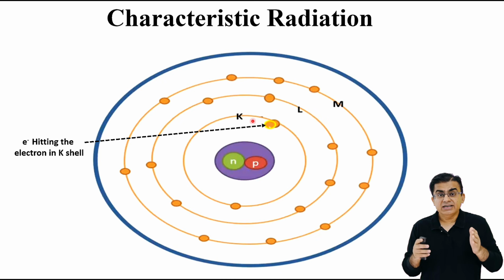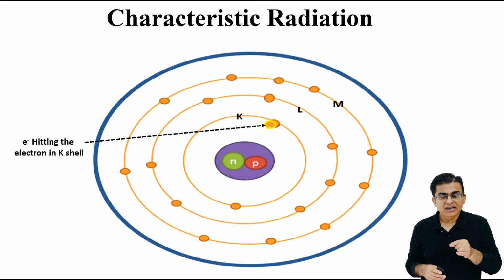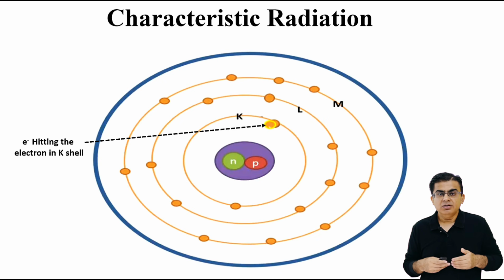This is the exact moment of impact. You can see that the fast-moving incoming electron finally hits the innermost K shell. It makes a direct head-on collision with one of those tightly bound orbital electrons in K shell.